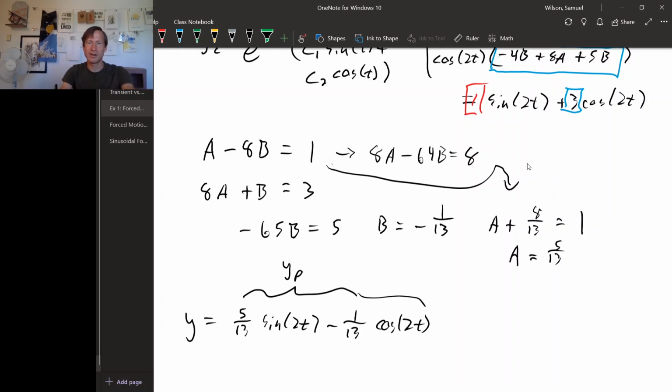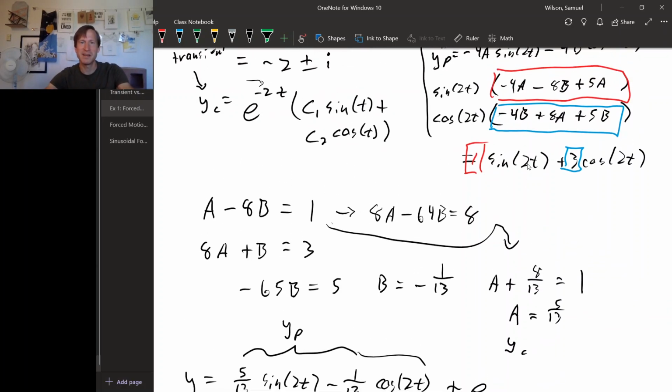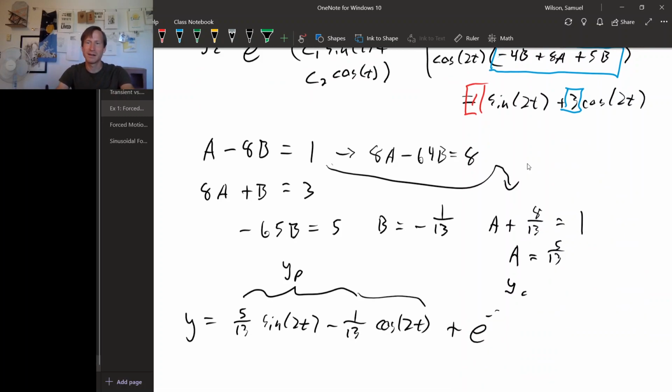So that's all our particular solution, plus our complementary solution, which was e to the, I don't quite remember, minus 2t times a constant times sine t plus a constant times cosine t. Okay, and so there's the complementary solution.